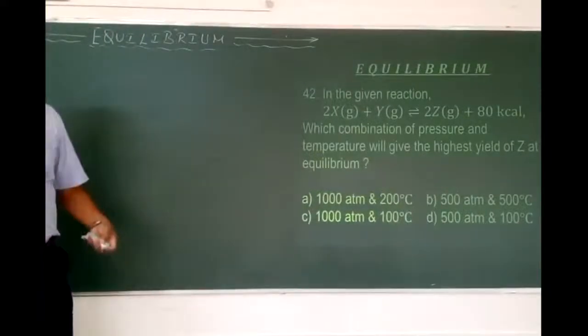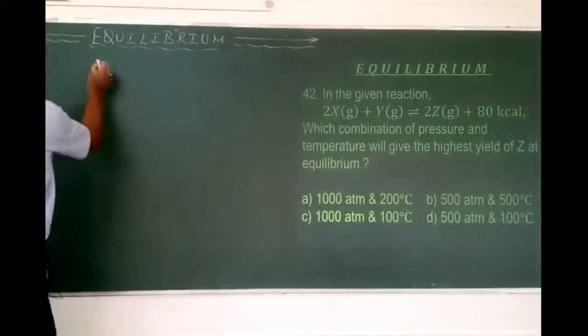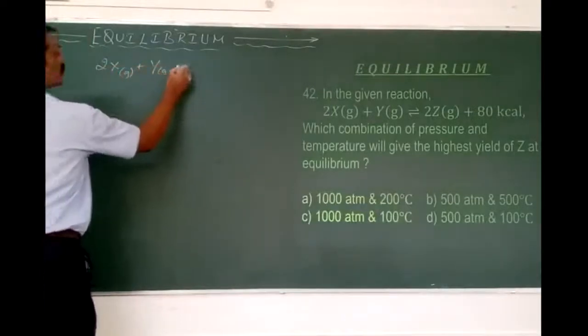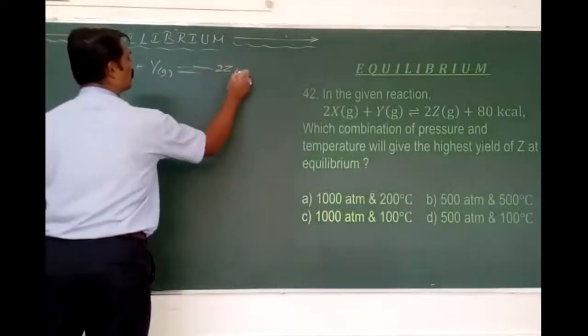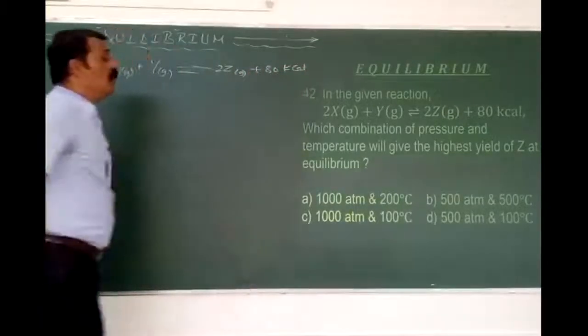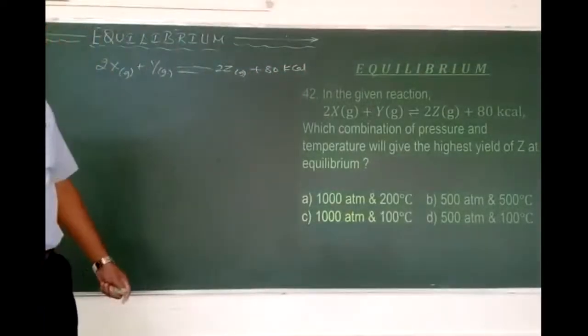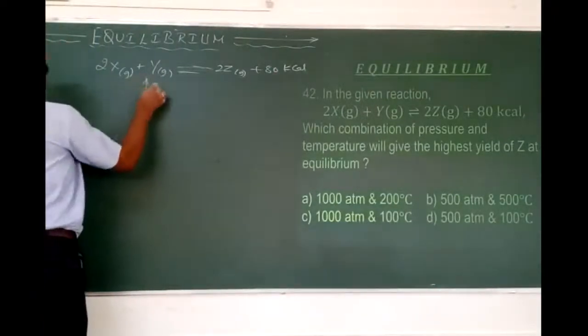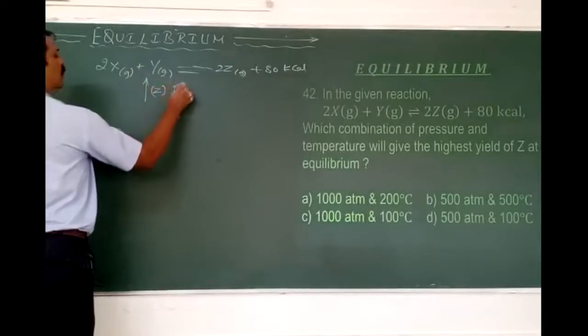In that particular reaction, 2X gas plus Y gas gives rise to 2 times Z gas plus 80 kilocalories. Which combination of pressure and temperature will give the highest yield of Z? Highest yield of Z means the forward reaction.